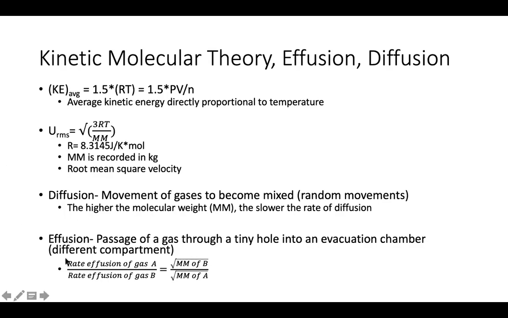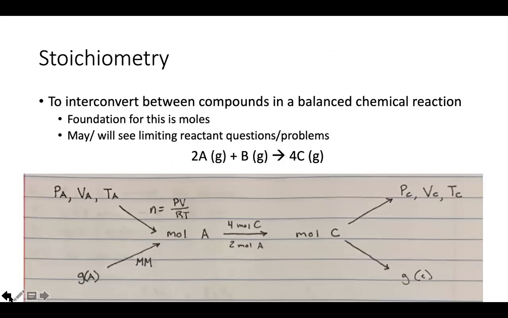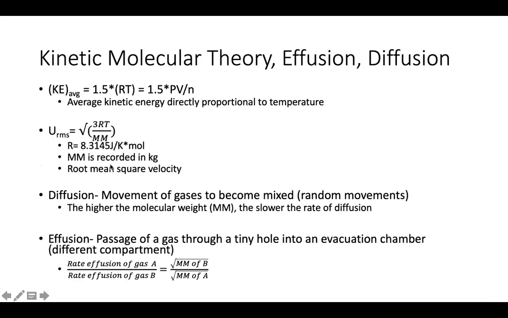The kilograms from joules here will cancel out with the kilograms of molar mass. And then when you take the square root of meters squared per second squared, you get meters per second, which is your unit for velocity always.